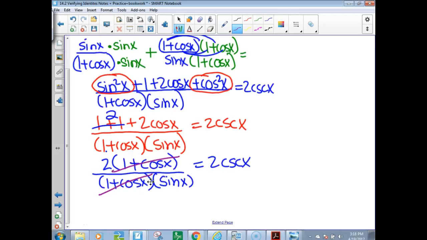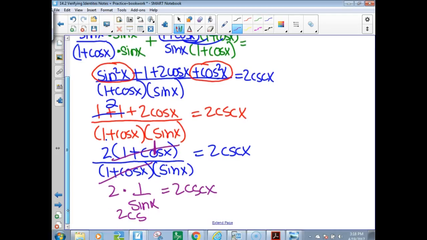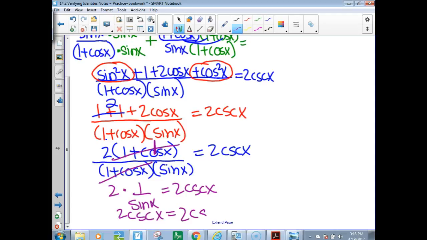So I'm left here with 2 times 1 over the sine x. And I'm done. 2 cosecant x equals 2 cosecant x.